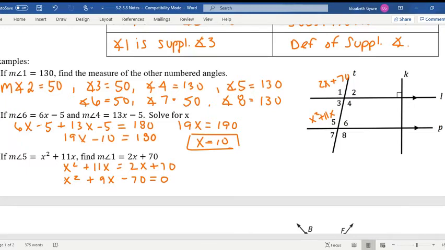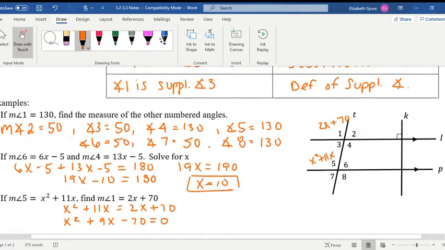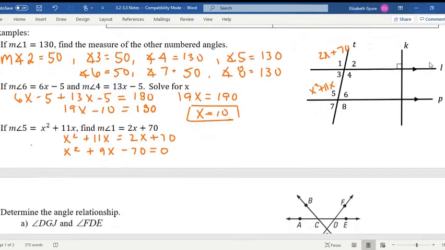Anyway, so next step with your factoring is I would get this into 2 sets of parentheses. And this one is not a difficult one to do a little bit of guessing and checking with because there's no a term in the front. It's just an x squared. I do have some little shortcuts for ones with an a term in the front, so if you need help with those, let me know.